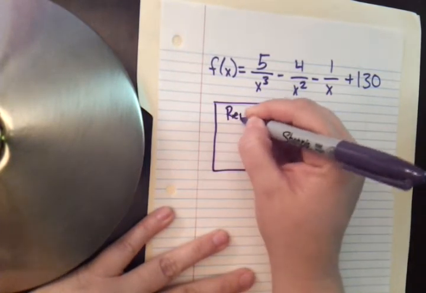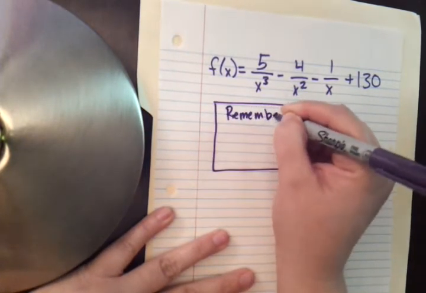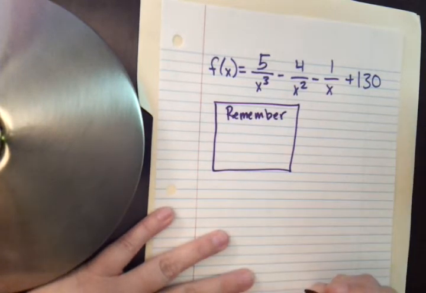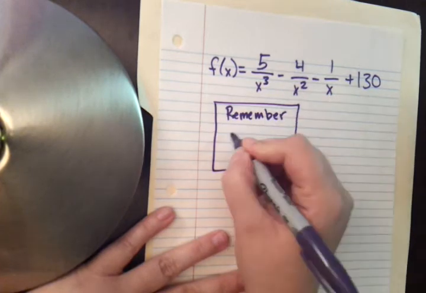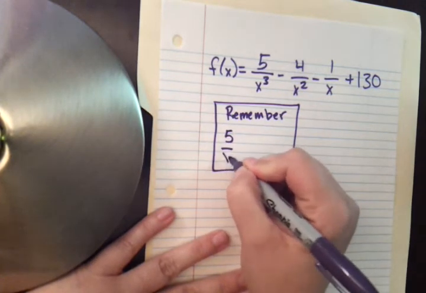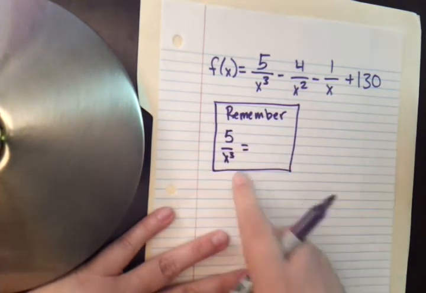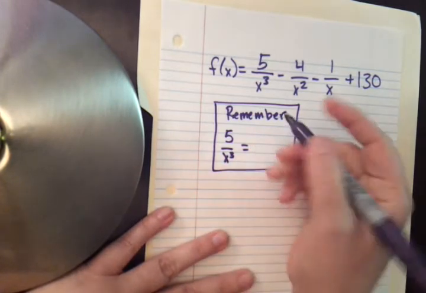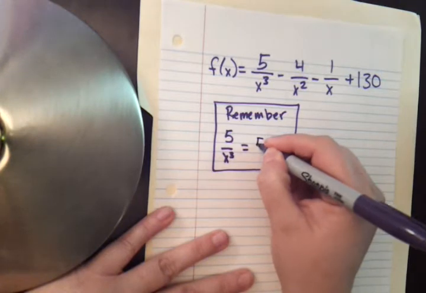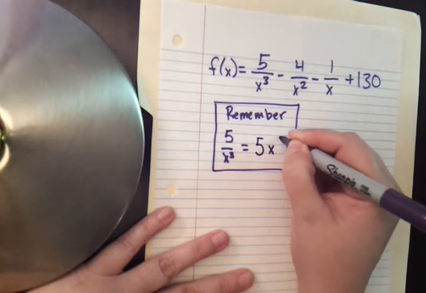I want you to remember this about exponents. If you have something like in this particular exercise, we've got 5 over x cubed. So we've got this exponent in the denominator. We can bring that x cubed right up into the numerator. So we could have 5x.